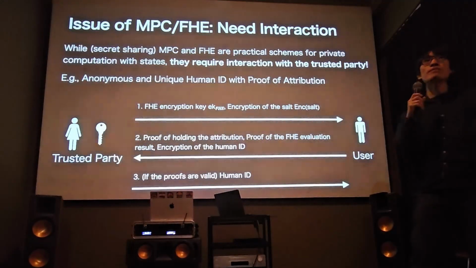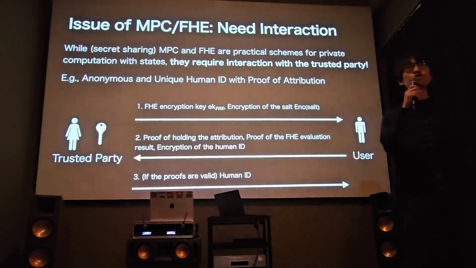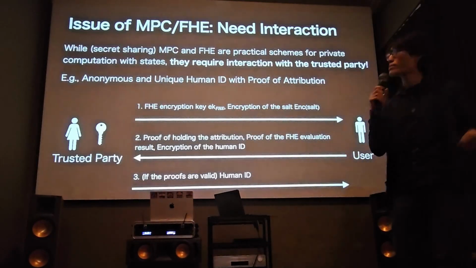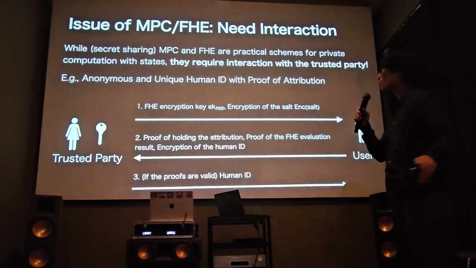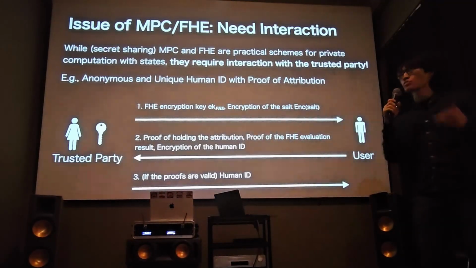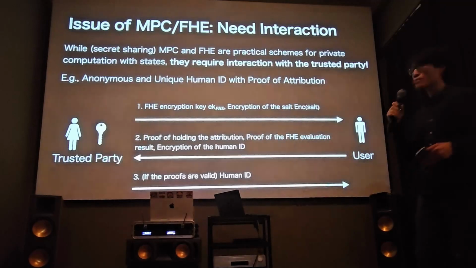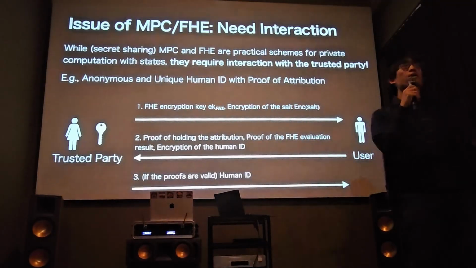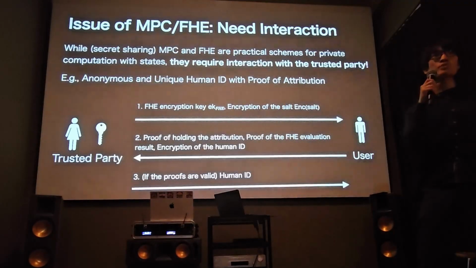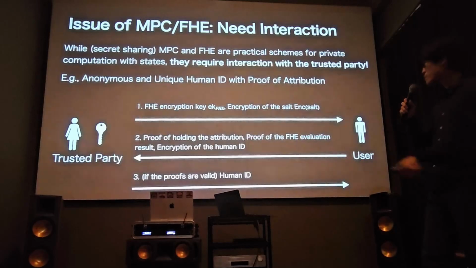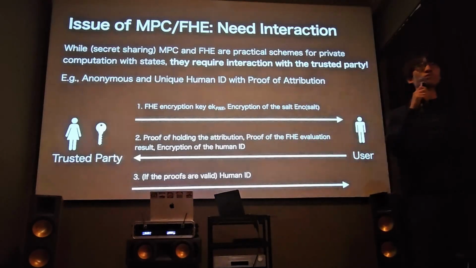And if you are familiar with MPC or FHE, you may think we can achieve that using them. So for example, if you use FHE, the user will compute the proof of holding the attribution and homomorphically compute the human ID using the encryption of the salt, and also we need a proof of the FHE evaluation using a library.